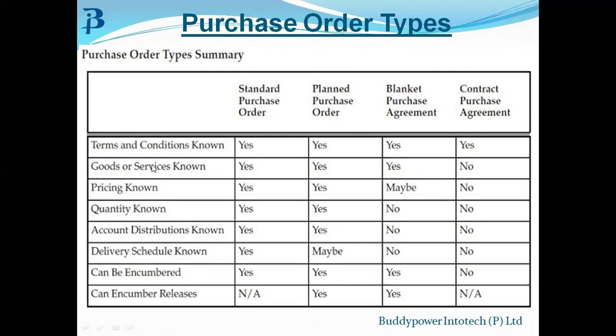You only know the details of your goods and services that you need to buy from a specific supplier. So here you can use a blanket purchase agreement to specify the negotiated prices. You're still deciding upon the prices of your quantity or the product or the services that you've opted for.